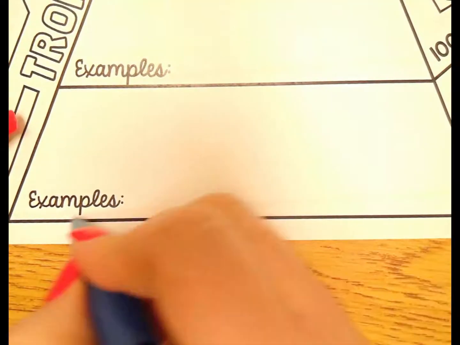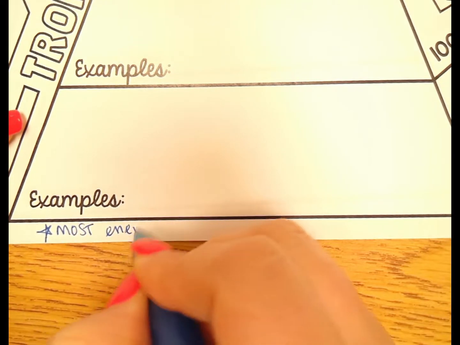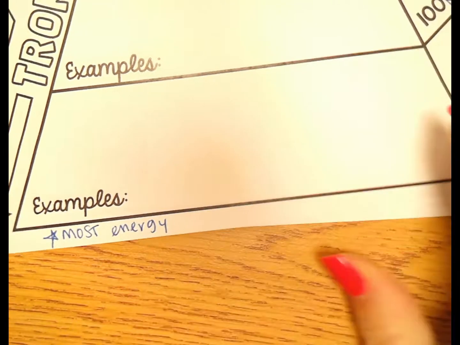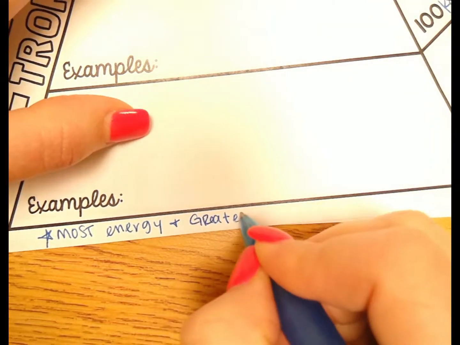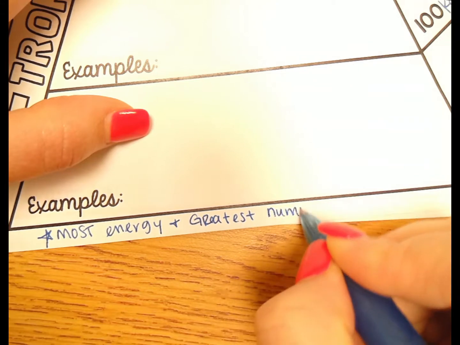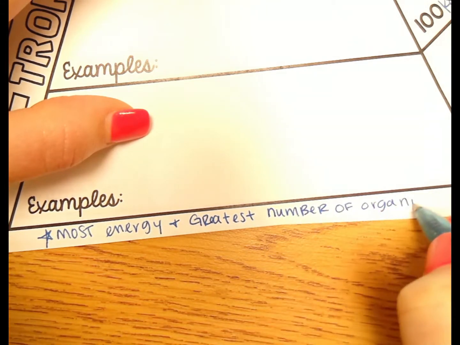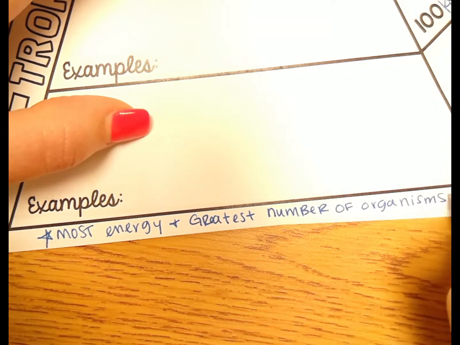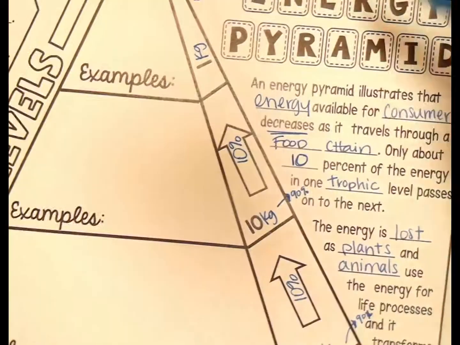The bottom level, at the opposite end, has the most energy and the greatest number of organisms. Okay? So bottom has the most, the least is at the top.